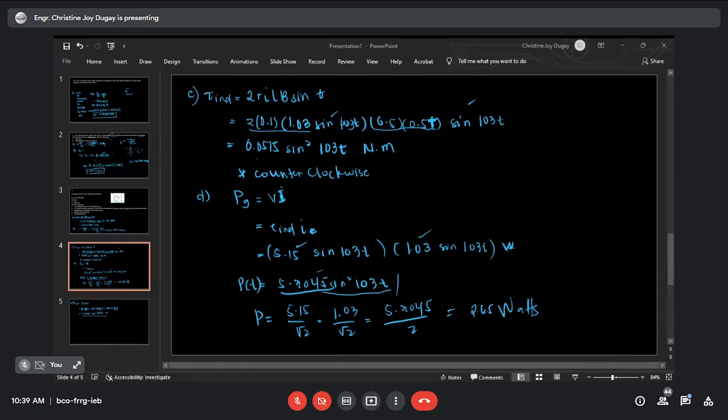There should be always a losses. There is no perfect machine. Pero, based on our given, since maliliit lang din kasi siya na value, 2.65 watts, parang ang liit lang. So, parang negligible yung losses nyo. Almost near to the 100 efficient. Pero wala pong 100 efficient. That is just theoretically. Nagkakaintindihan po ba tayo?